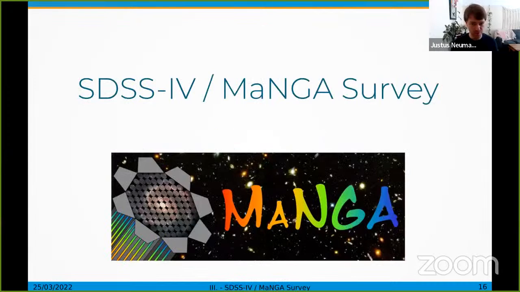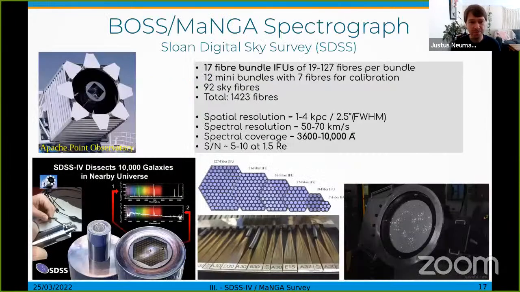Okay, now I come to the MaNGA survey. I already mentioned it before, now in a little bit more detail. The MaNGA survey is a nearby galaxy survey that observes the integral field spectra, the resolved spectra, of 10,000 nearby galaxies. It uses the BOSS spectrograph, which is mounted on the Apache Point Observatory in the US.